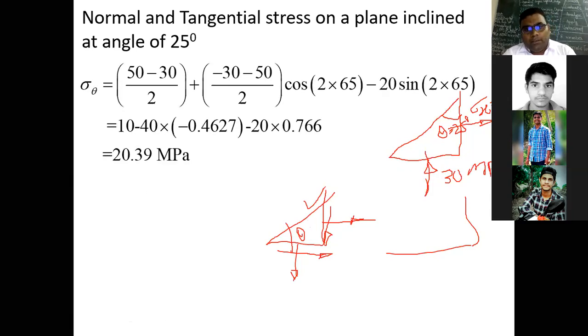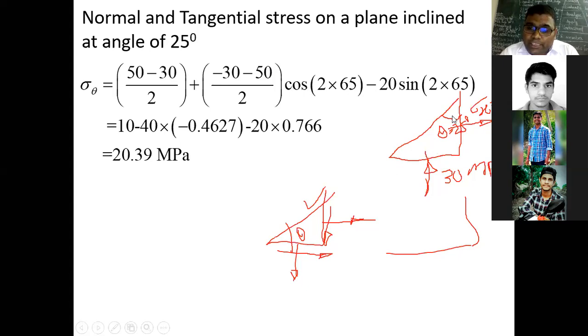So we just put in all the values. Sigma x is 50, sigma y is minus 30, and here sigma y minus sigma x, that is 50 by 2, and cos 2 theta. So 65 is taken because in the question this angle is given: you just do 90 minus 25, it will be 65.